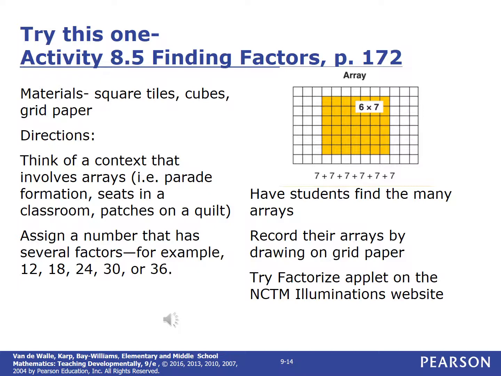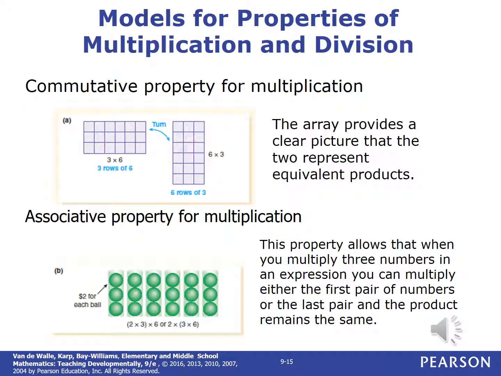It also helps students to really explore the ideas and notions between what a prime number is, a number whose factors are just one and itself, versus a composite number, a number who has factors other than just one and itself. The Illuminations website also has a factorize applet that's available, and you could search for it by accessing Illuminations.